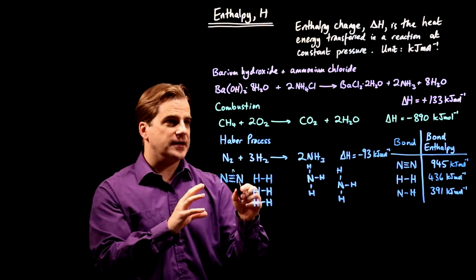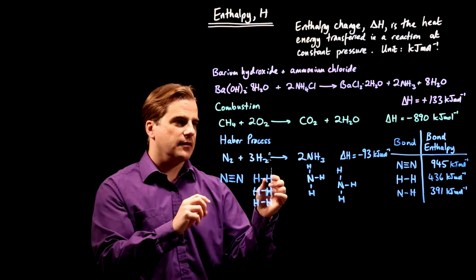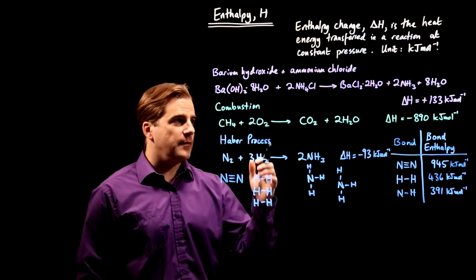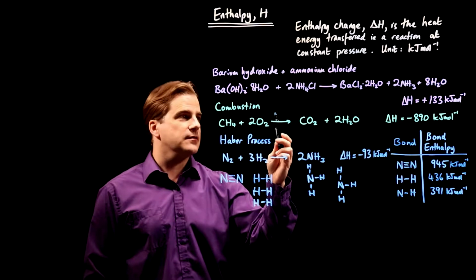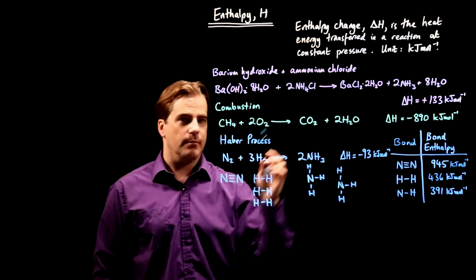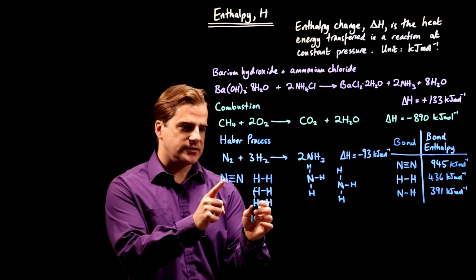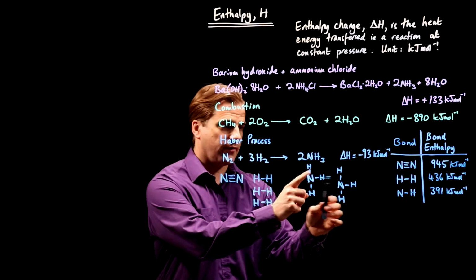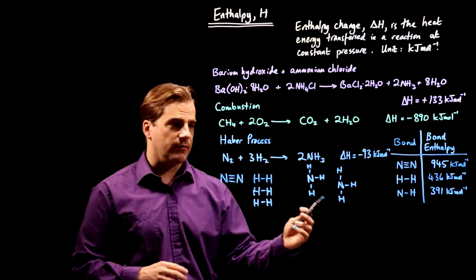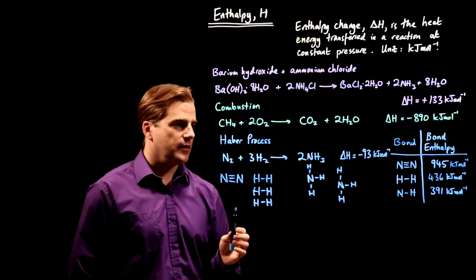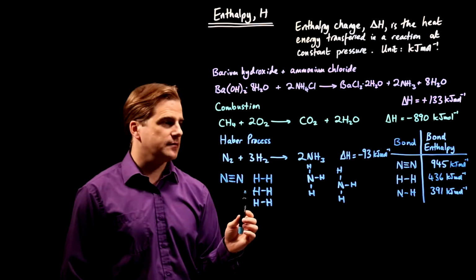If you're putting in more energy than you get out, it means it's an endothermic reaction, like this one. But if you put in less energy into breaking the bonds than you get out when they reform, it's exothermic, like this one. And we'll see that in the numbers.